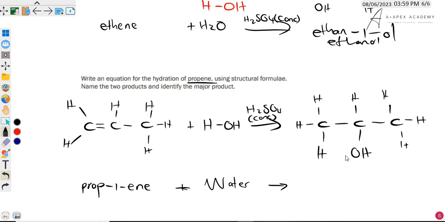To get this substance here. This is an alcohol now with 3 carbon atoms. So we'll call this propan-2-ol. Remember, the 2 comes from the direction of the hydroxide. This is carbon number 1, carbon number 2, carbon number 3. So the hydroxide is on carbon number 2. We also follow Markovnikov's rule whenever dealing with such. So that's it with addition reactions.